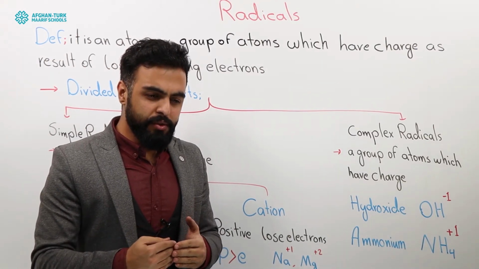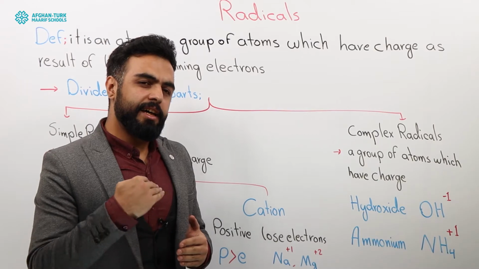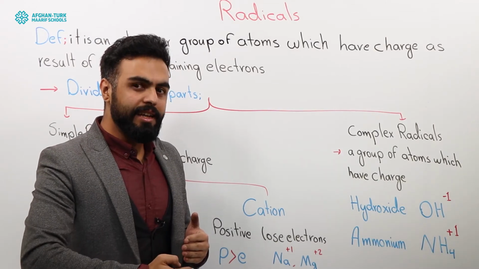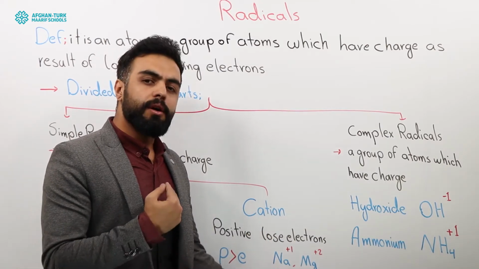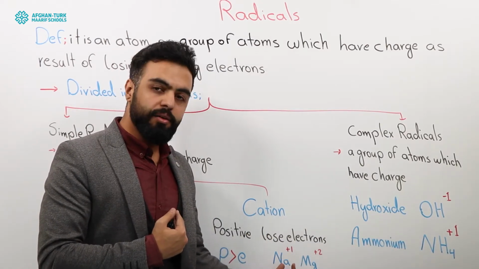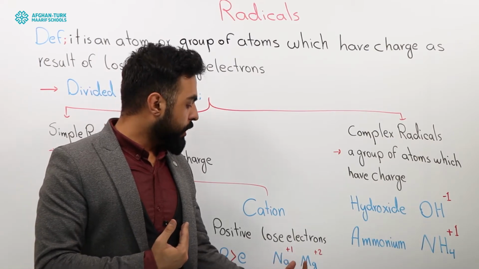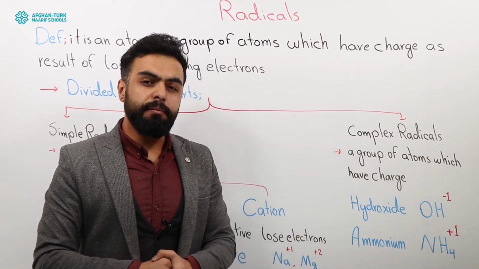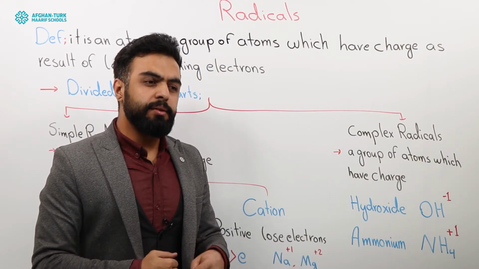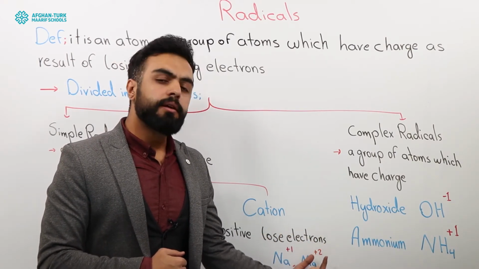When it wants to have the last shell with 8 electrons, it loses the last electron and it becomes positive, the charge becomes +1. And for magnesium, the same thing happens. It loses 2 electrons and it becomes +2.